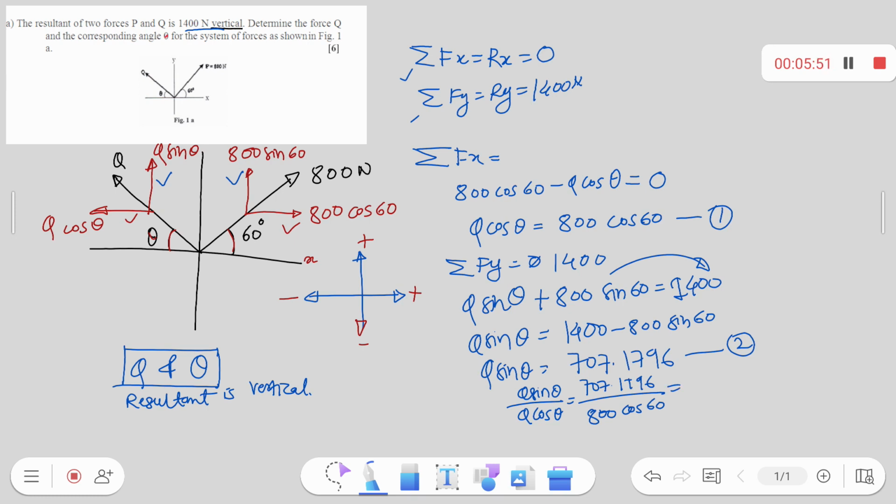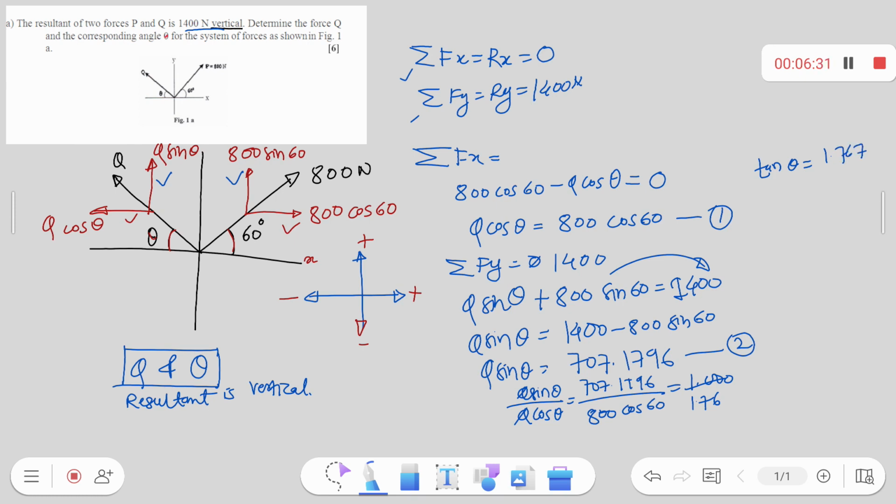Q gets cancelled, so tan theta equals 707.1796 divided by 800 cos 60, which comes to 1.767.